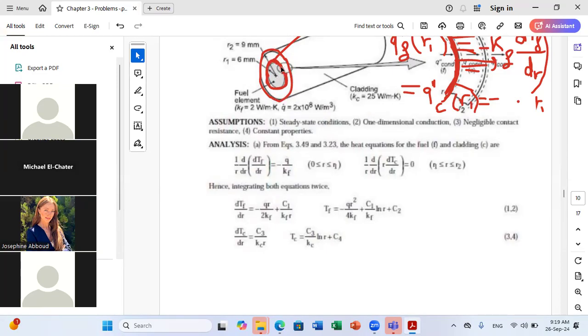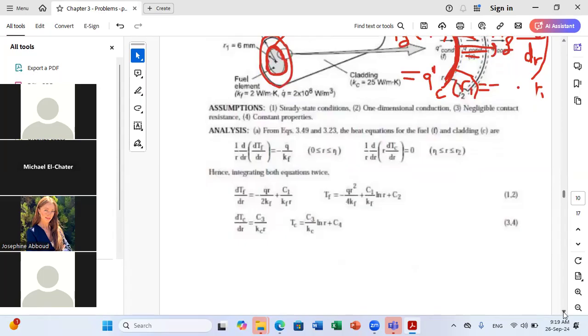We already have written the 2 continuity equations for temperature and rates at the interface. And finally, we have the outer condition. We have convection at the outer side of the annulus, so Q conduction at R out equals Q convection. So these are the 4 equations that will allow us to solve our system.